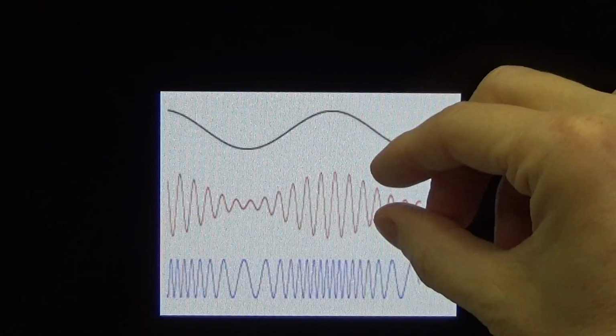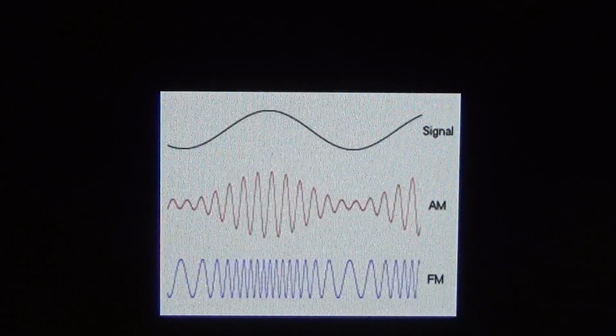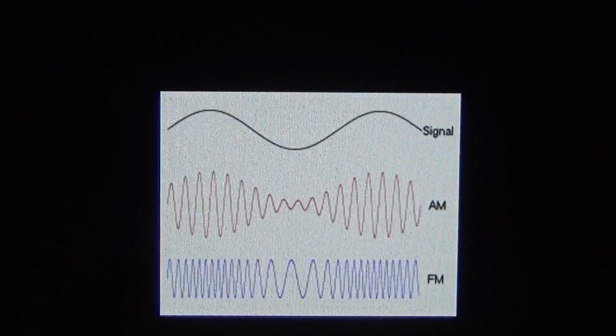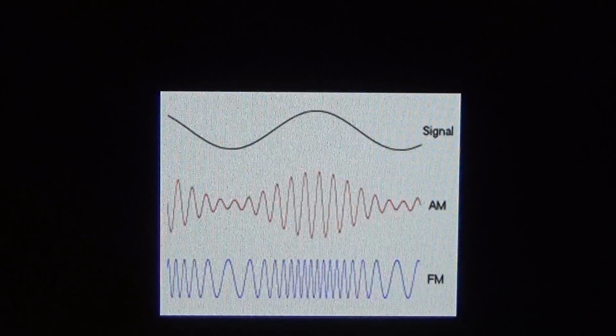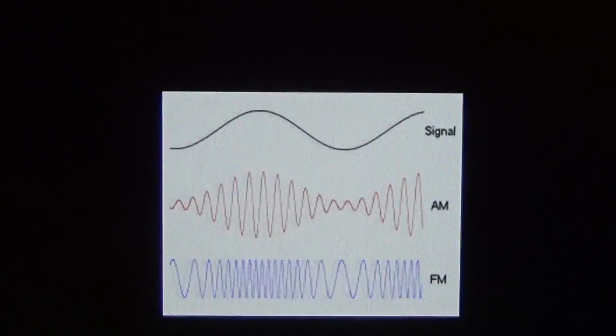We change our amplitude, and we do the different thing on FM, so we keep our amplitude, but we change our frequency, and that is the difference between these two modulations.